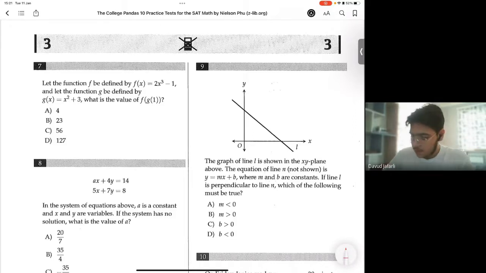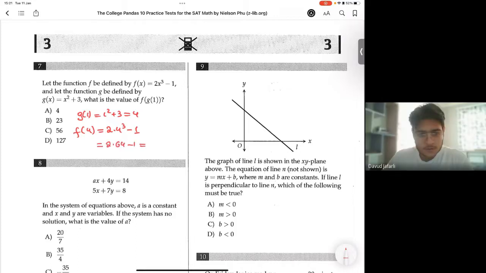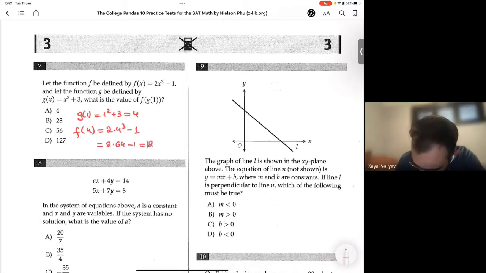One squared plus three equals four, and g equals four, and four cubed is 16, 64. That's going to be 2 times 64 minus 1, so 128 minus 1. That's 127. 127 is the correct answer.